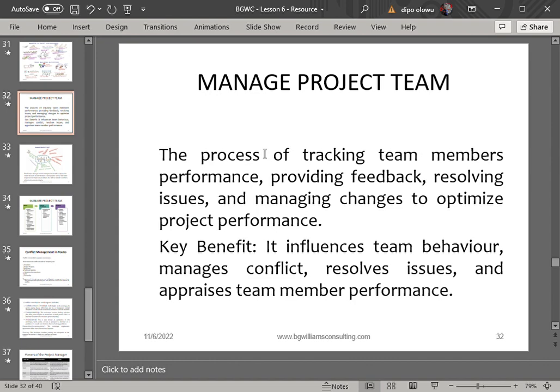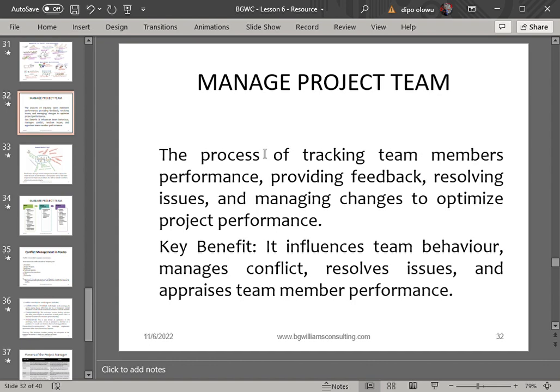So manage project team is the process of tracking your team members' performance, providing feedback, resolving their issues, and making sure that any changes that need to be made to increase performance are actually carried out.